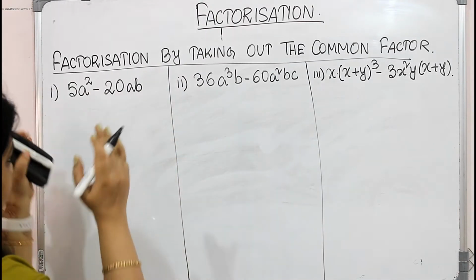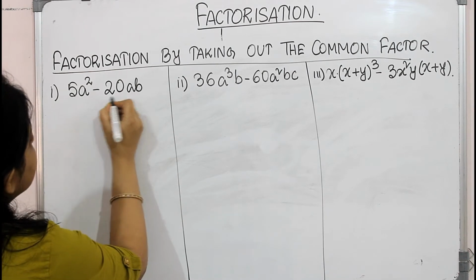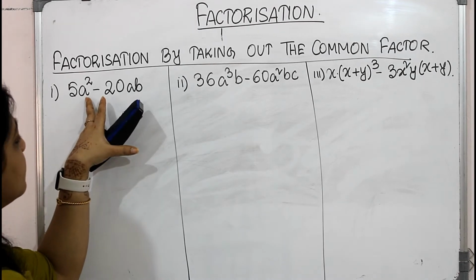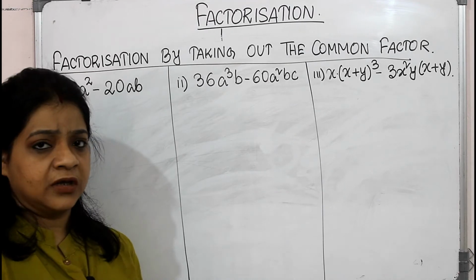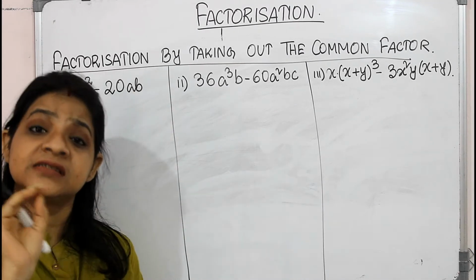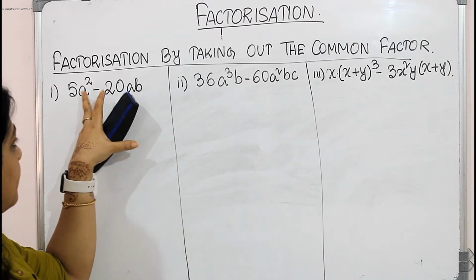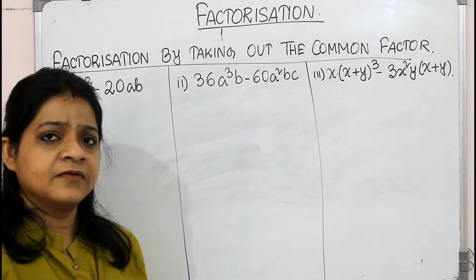Now let's try to study the terms pretty well. 5a square minus 20ab. From here you can see that a is common to both the terms, isn't it? Here it is a square, but here it is a, but still a is present. b is present here, but b is absent in the first term.